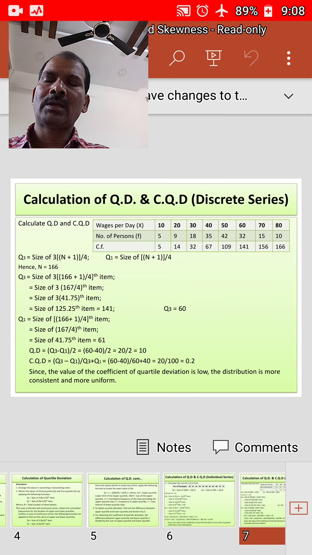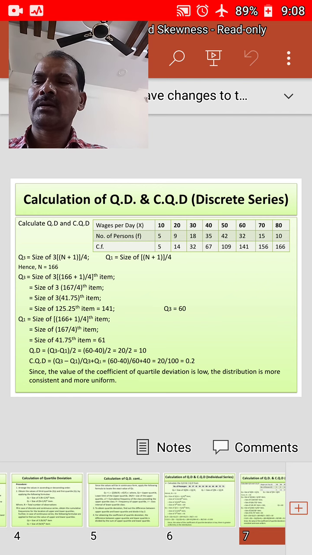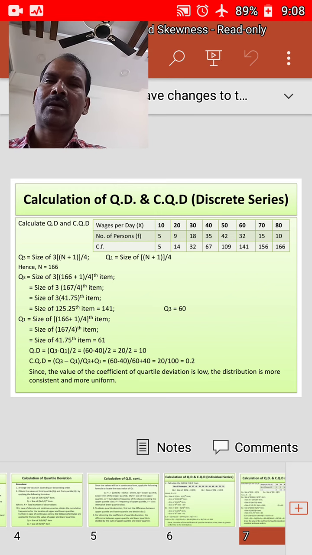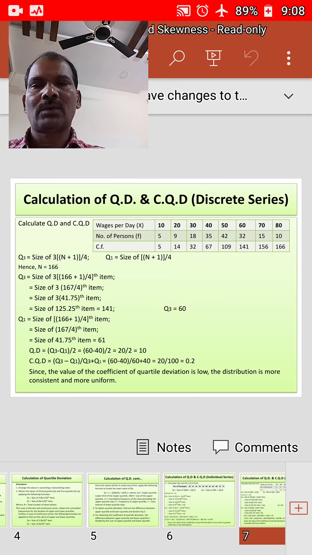Now we will take the two machines. We will arrange the given data in ascending order, and for machine 1 we will first find Q3 and Q1. As we know, the formula for the given data, that is an individual series, is Q3 equal to the size of 3(n plus 1) by 4th item.